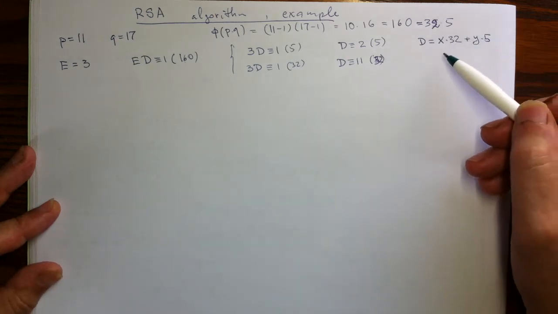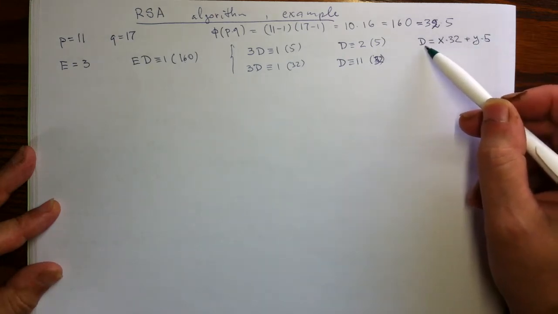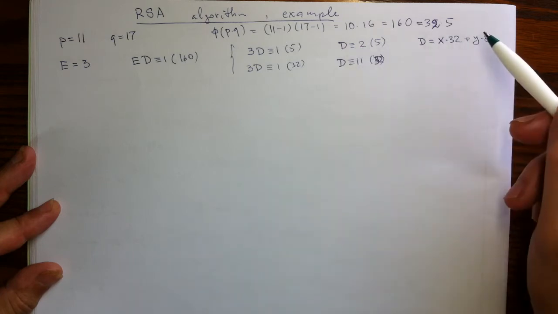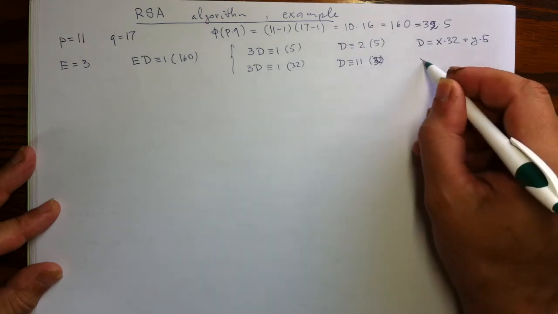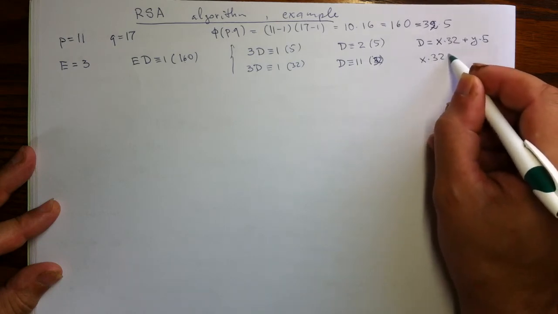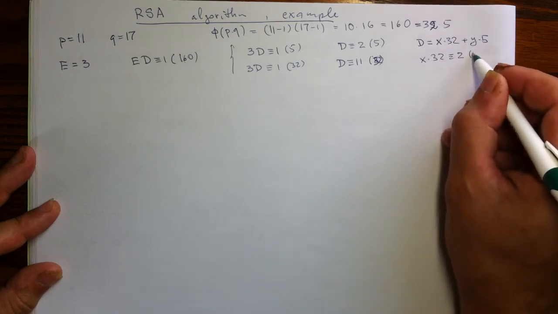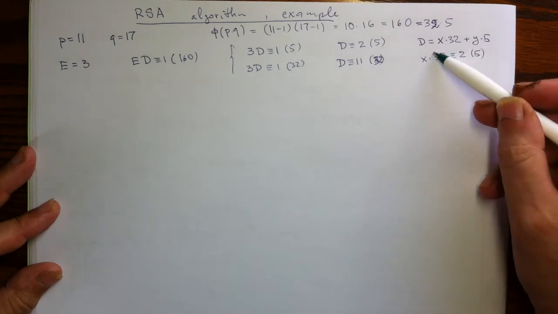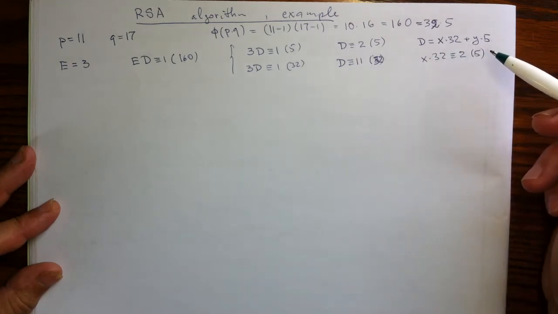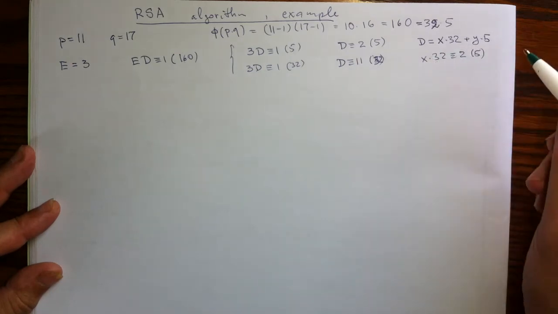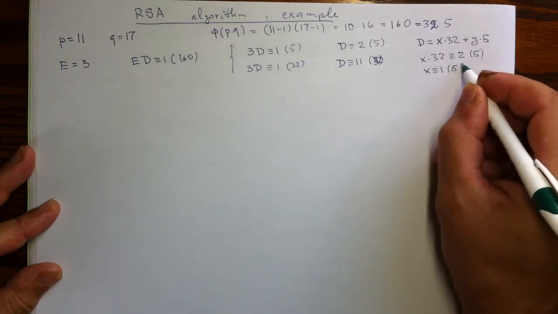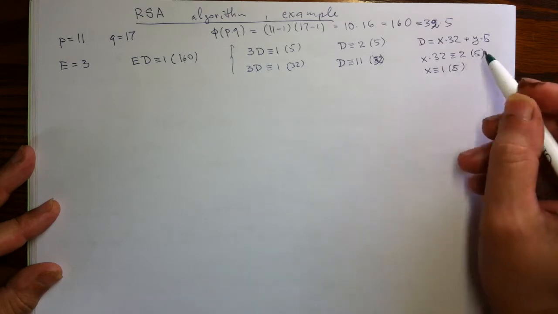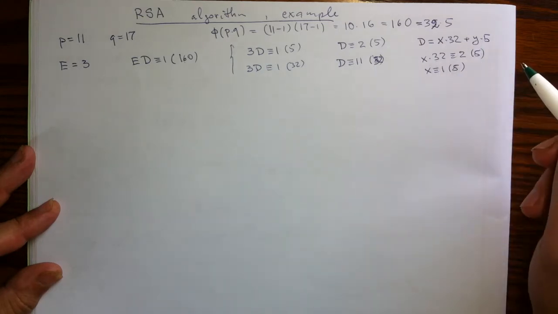So if I plug this template into the first congruence, I'll have this term disappearing, and then x times 32 will be congruent to 2 modulo 5. So that 32 can be replaced by 2 modulo 5, and so I have x being just 1, having a remainder 1 modulo 5.